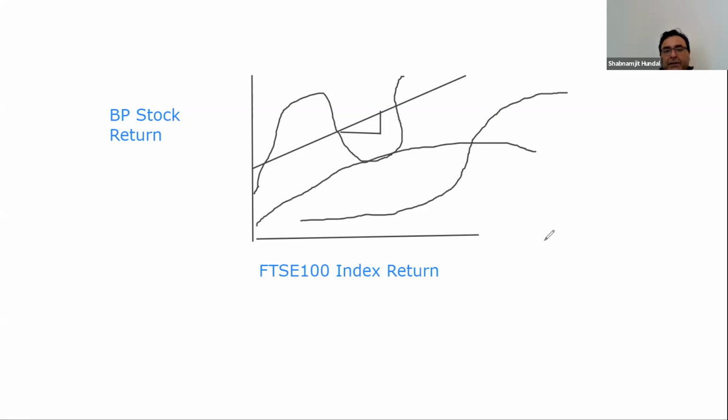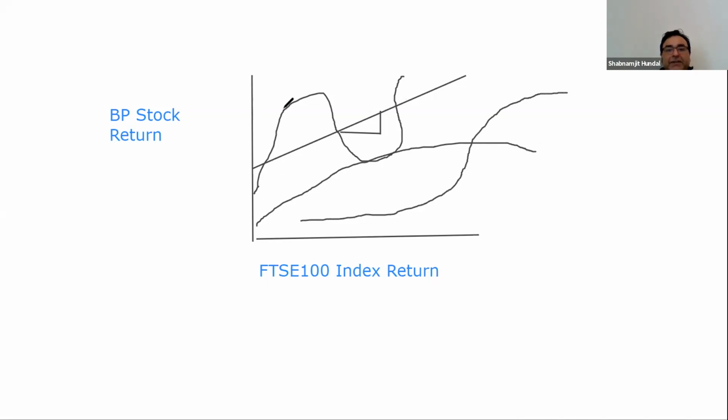which highlight the relationship between BP stock return and the market stock return are possible, but we are stuck to the point, we are very stuck that, hey, you know what? The relationship between the firm stock return and the market index return is linear. We have no reason to believe it. We don't have to take it as a priori, as an assumption, but we do it.